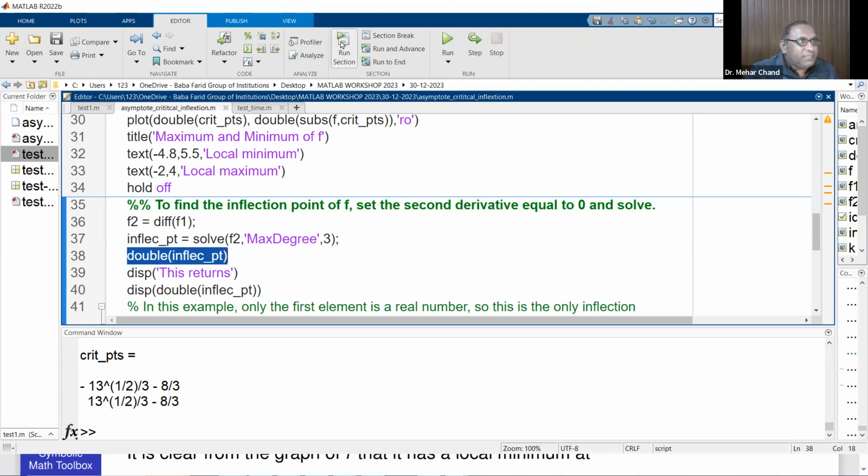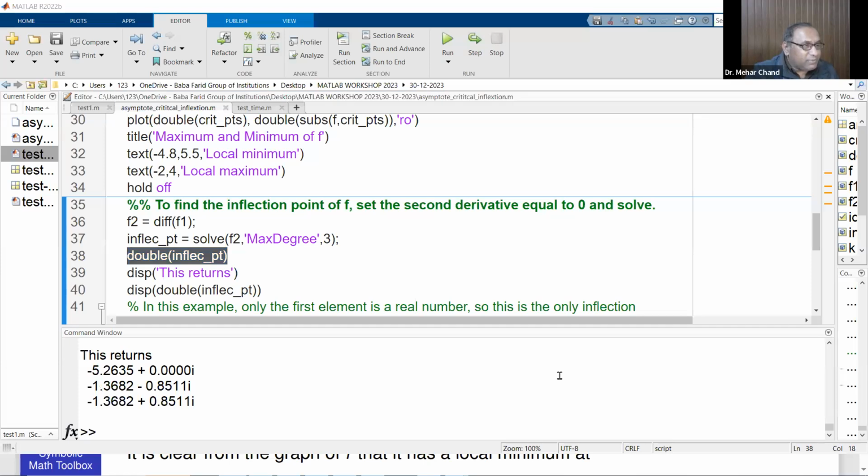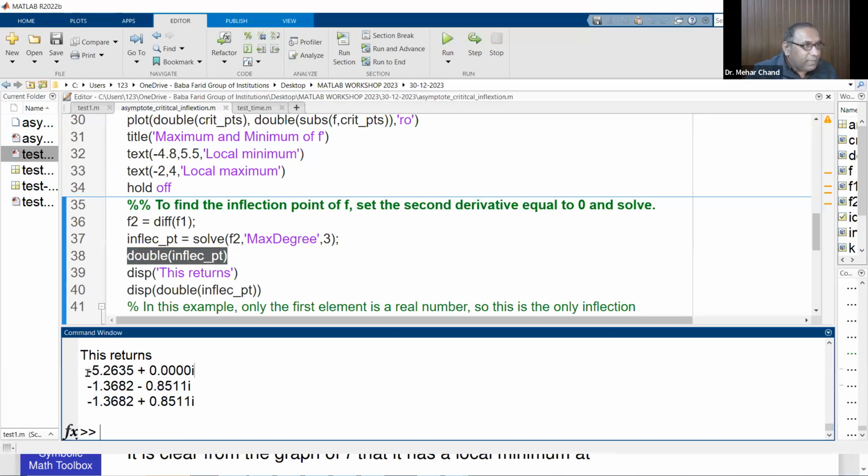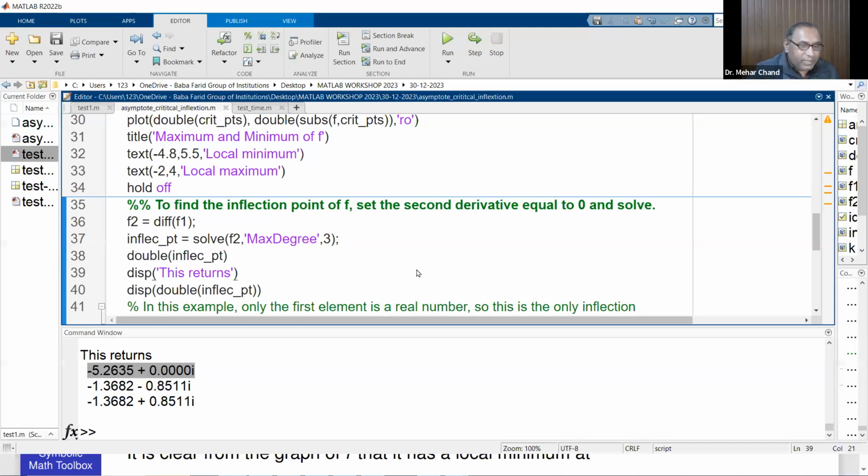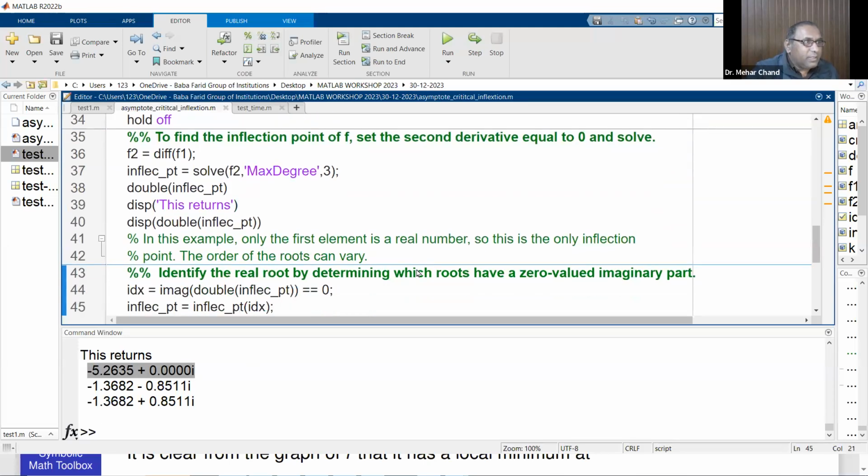Execute these statements, and you can see there are 3 different values. But the point of inflection will be real. Only this value is real. In this example, only the first element is a real number, so this is the only inflection point.